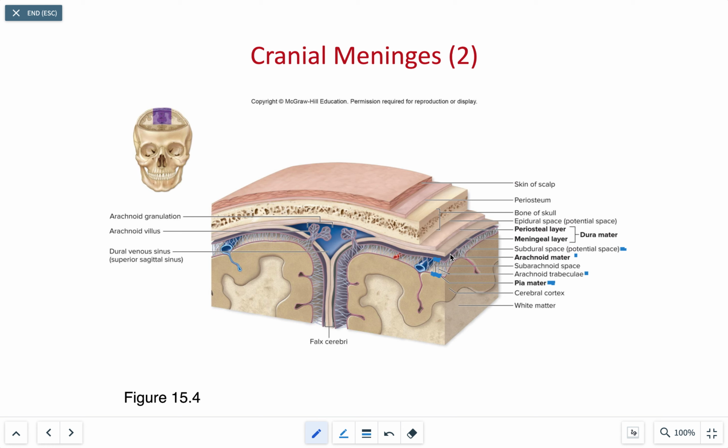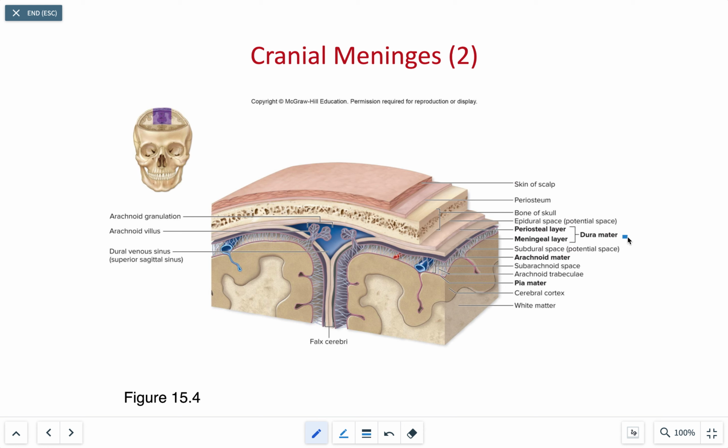And this subdural space is what's considered to be a potential space. If a hematoma, or an abnormal bleed in the brain, would occur in this region, the subdural space would then fill up with fluid, putting the pressure more towards the outside rather than compressing onto the gray matter of the brain.